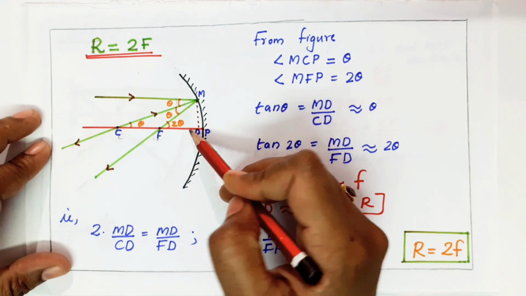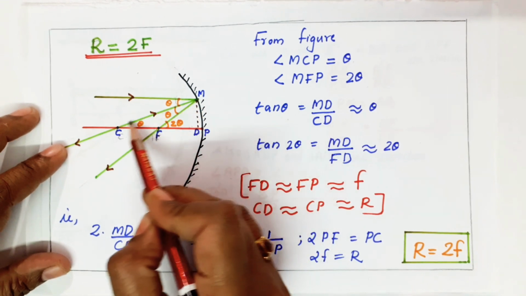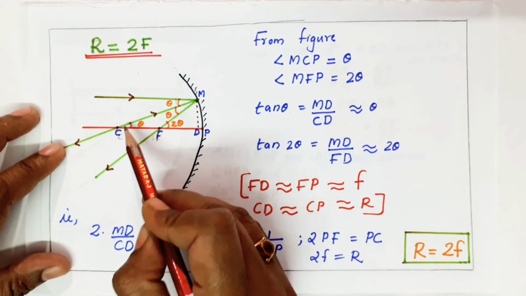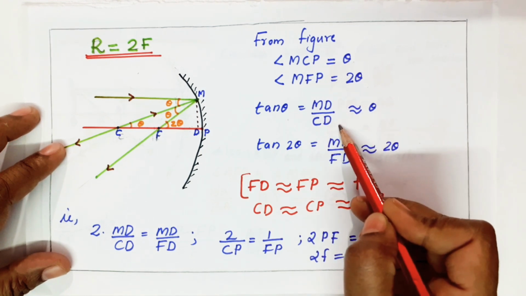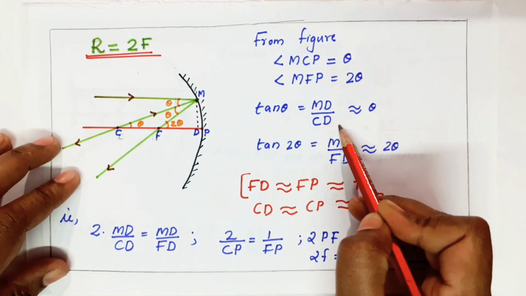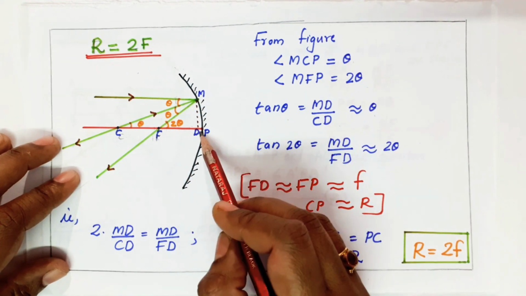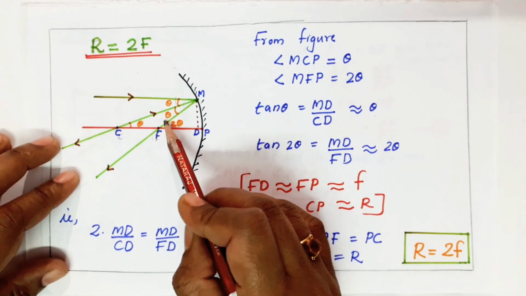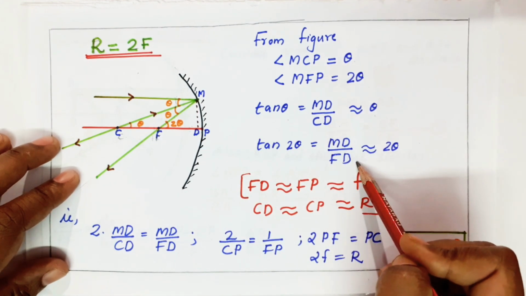From these right triangles, I am calculating tan theta. In triangle MCD, tan theta is opposite side by adjacent side, MD by CD. As this angle is very small, you can write it as theta. Next you take this triangle, tan of 2 theta is opposite side by adjacent side, MD by FD.